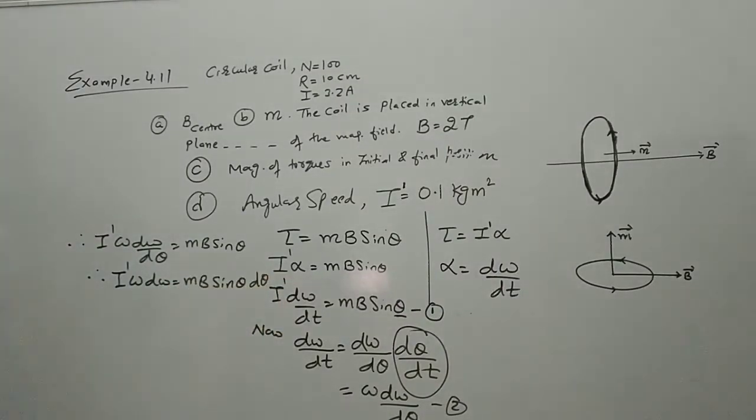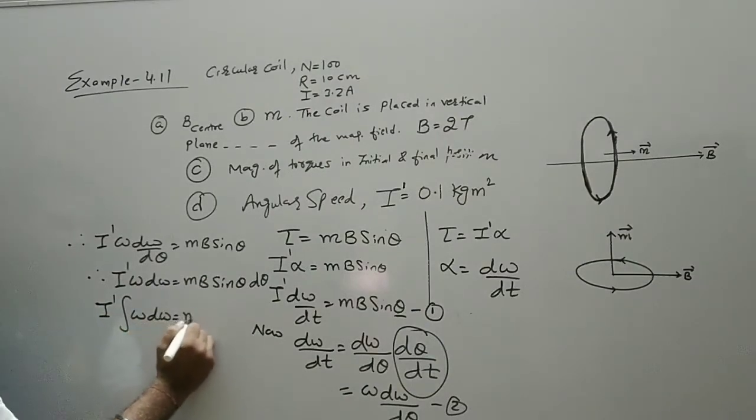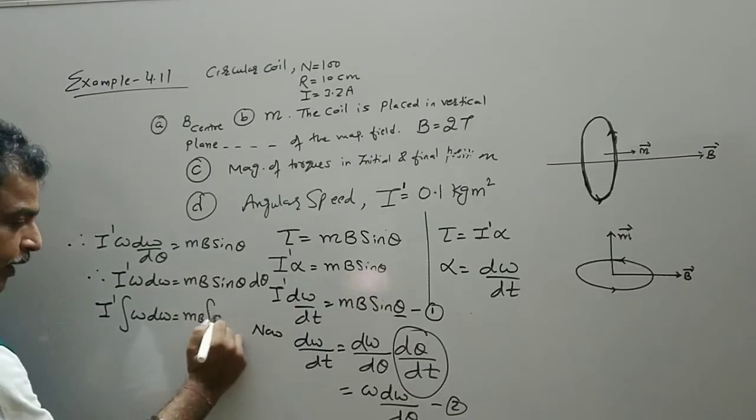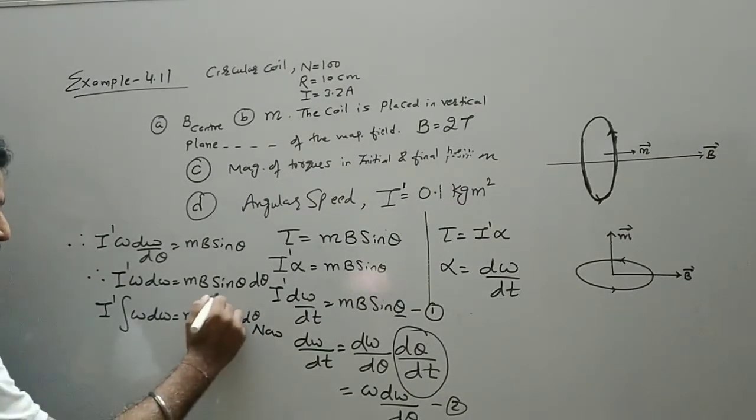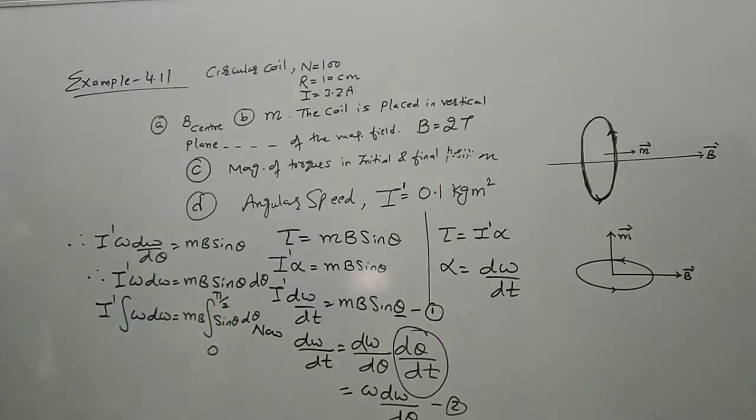Now I have to find out the omega. So I integrate the equation on both sides, and the angle rotated was 90 degrees. So I' integration of omega d omega is equal to mB integration of sin theta d theta, and the limit becomes 0 to pi by 2.